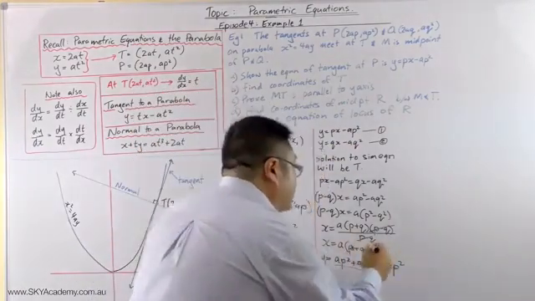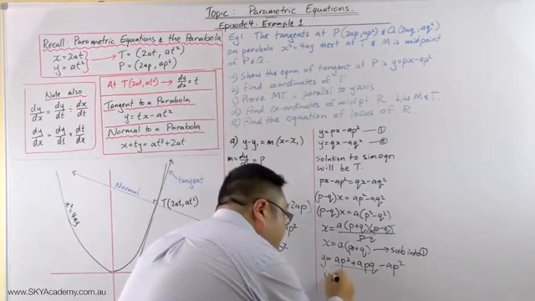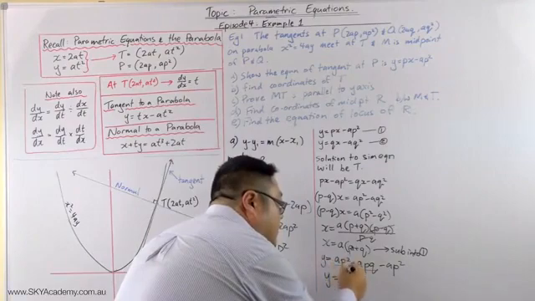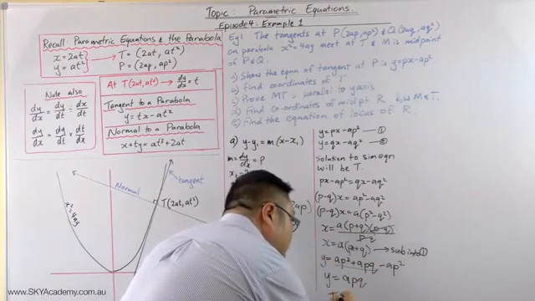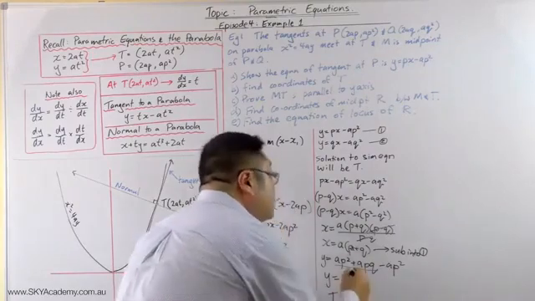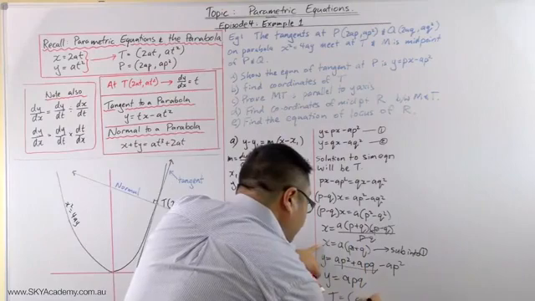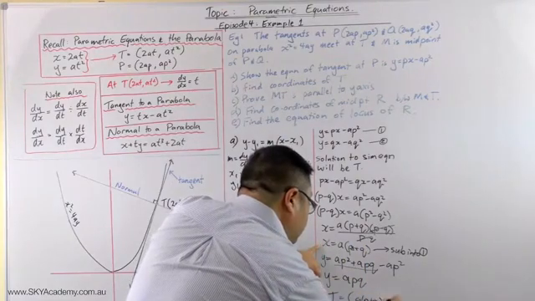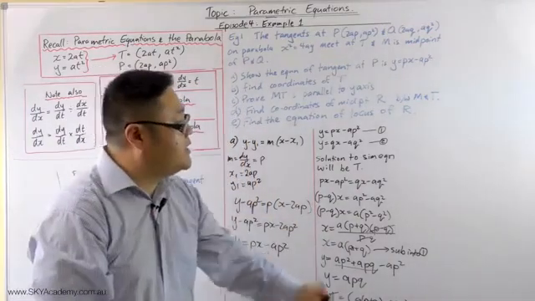Sub into 1, and that's what I've got. So y is basically going to be equal to apq. So T is equal to (a(p plus q), apq). Got it? So that's what T is equal to.